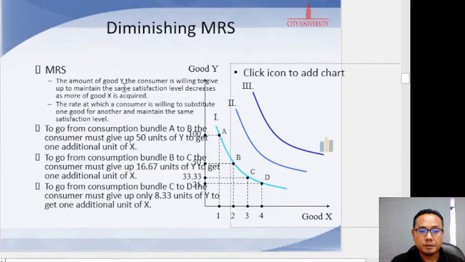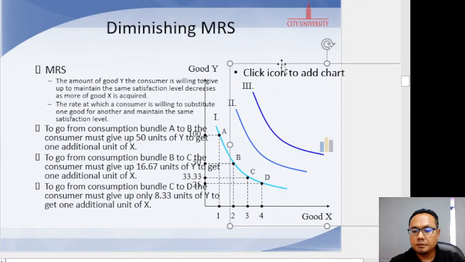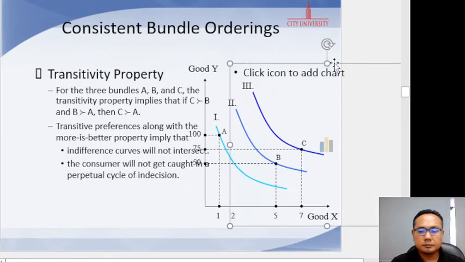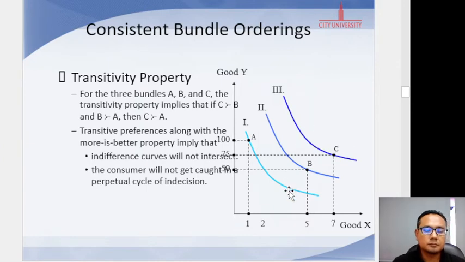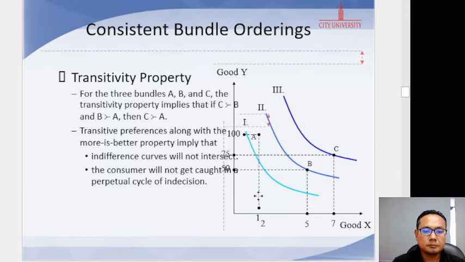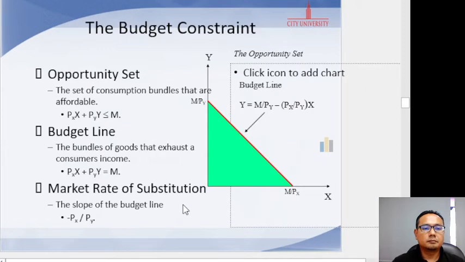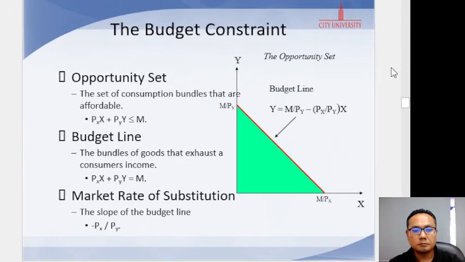That's completeness, more is better, marginal rate of substitution.